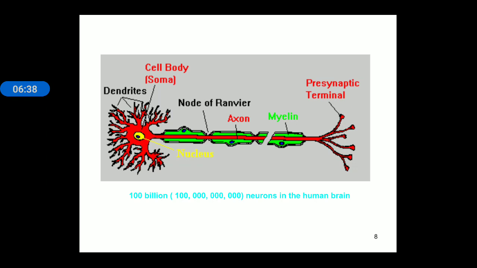Axon has a covering known as myelin sheath, and the gap between myelin sheath is known as node of Ranvier, and then the axon ends in the synaptic area. In the human brain there are about 100 billion neurons. So we must try to draw this diagram and know the function of each part of this diagram.